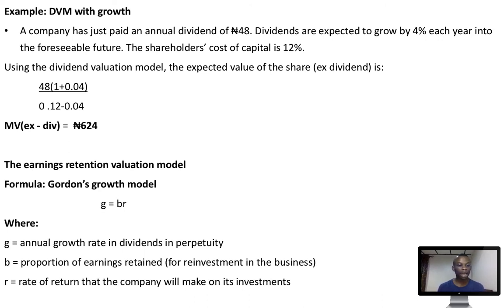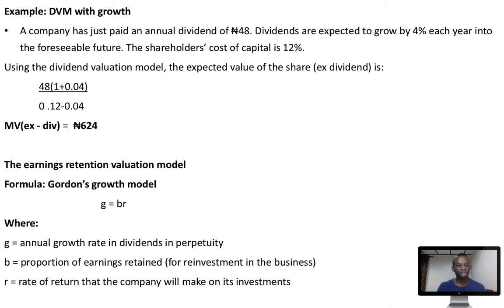An example of a company that does that is Access Bank. If you look at their 2016 financial statement, they retained a lot and they paid out some part of it because they are using a residual dividend policy.